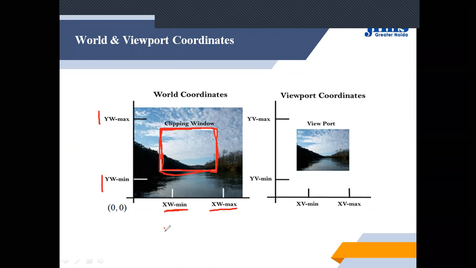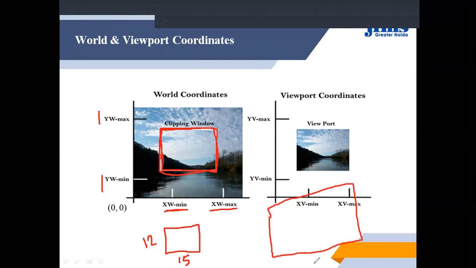Maybe my window size is, for example, 15 is to 12, and I want to display this image on an area where the coordinates are 30 and maybe 15.